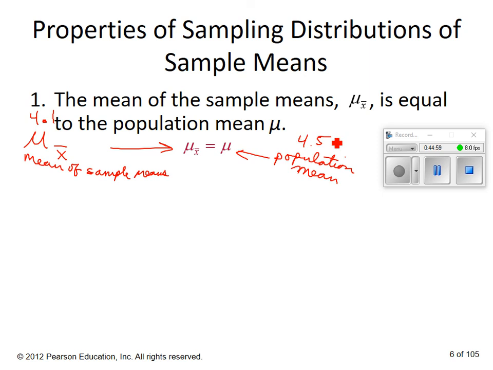Those two always have to be equal. You're not even going to have to worry about this. About half the homework tonight is going to say find the mu sub x bar, and all you're going to have to do is rewrite the answer, because they're going to tell you the population mean was 4.5. Well, then what's mu x bar got to be? 4.5. They have to be the same.